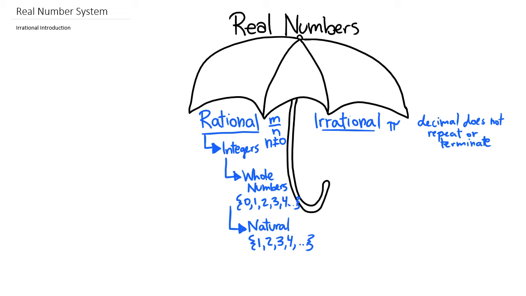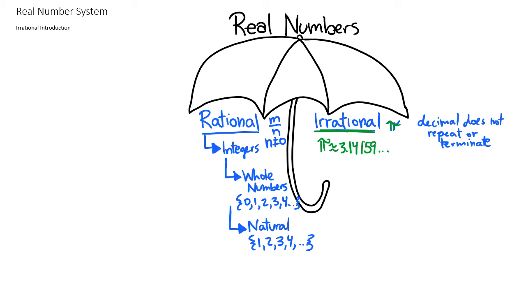Let's take a look back now, a little more specifically, at irrational numbers. The most well-known irrational number is pi. We estimate pi at about 3.14159, and so on and so forth.